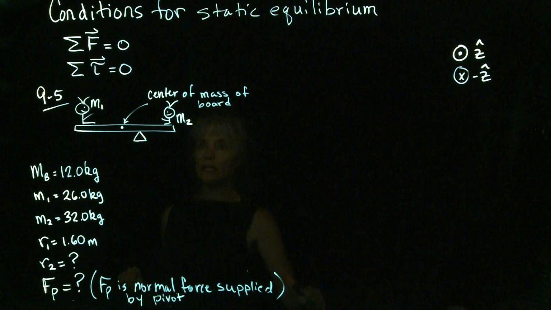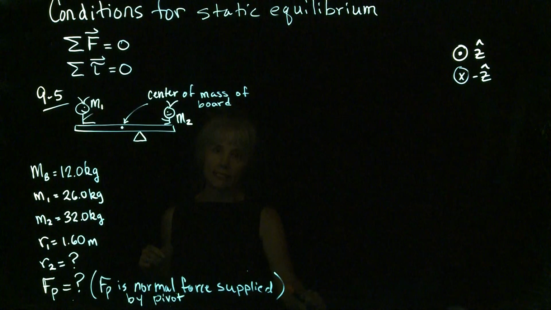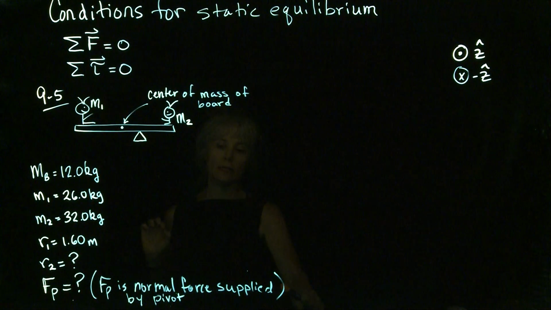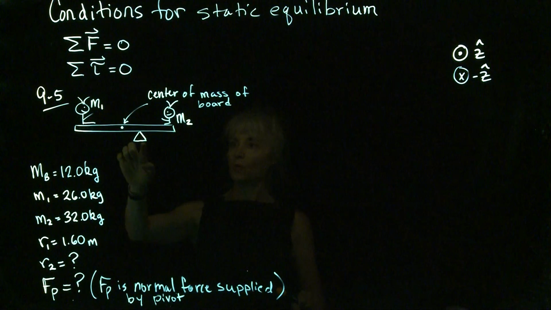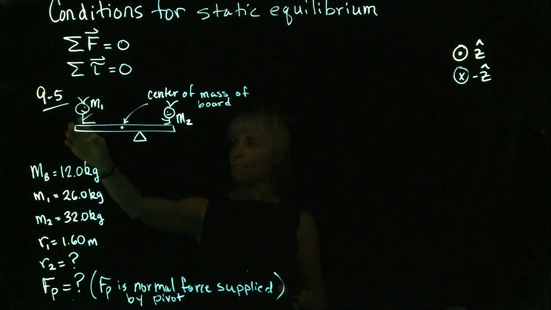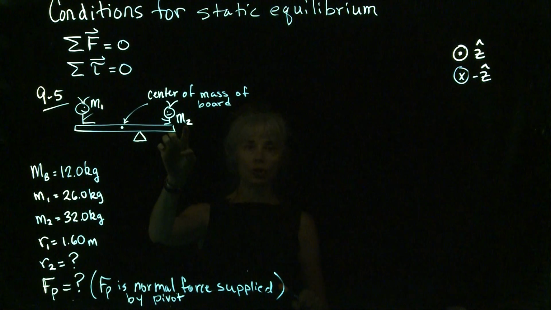So what I've done here is draw the picture that you will see in example 9.1. So you have a seesaw with a pivot point. Mass 1 is the mass of the lighter child, and mass 2 is the mass of the heavier child.